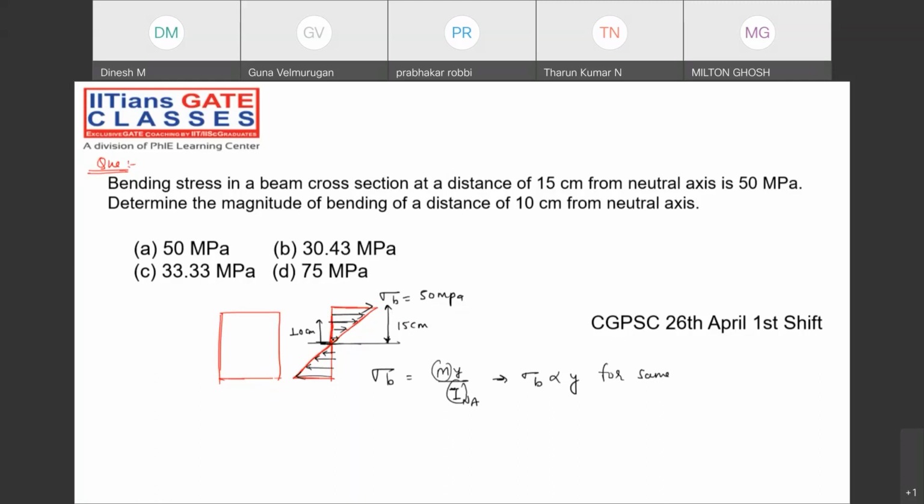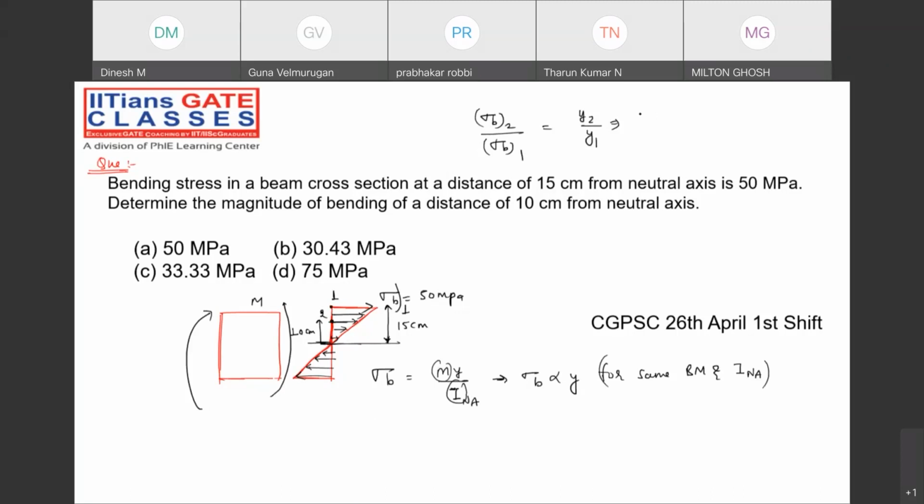Whatever bending moment we have applied to this particular beam will be the same for each and every point. Now suppose this is sigma 1 at point number 1, and this is point number 2 that I need to calculate. So sigma b2 by sigma b1 will be y2 by y1.